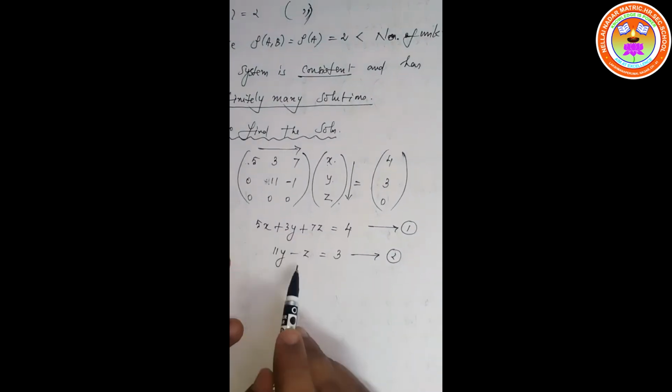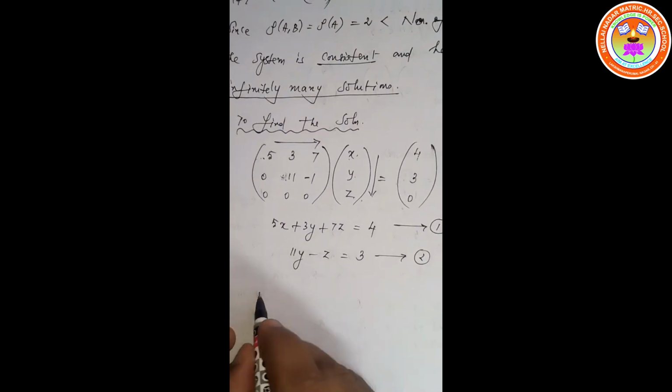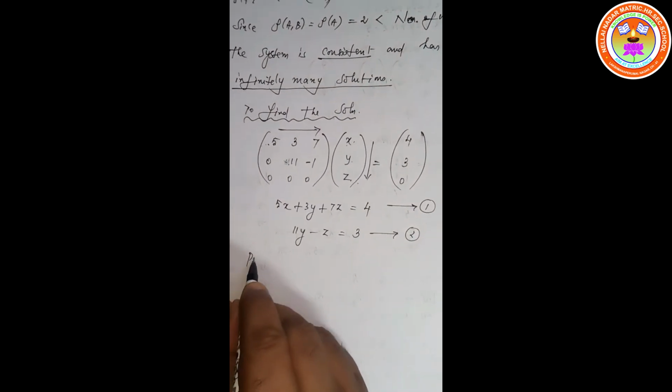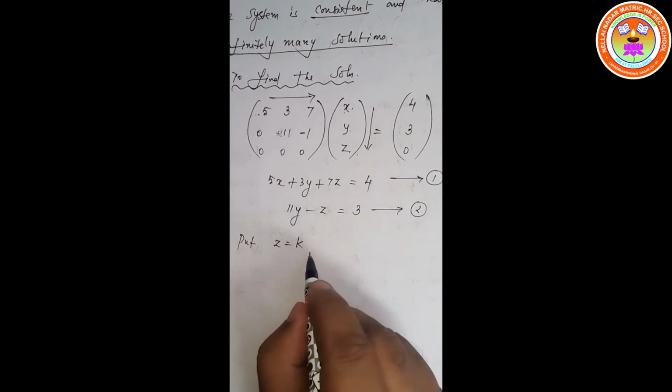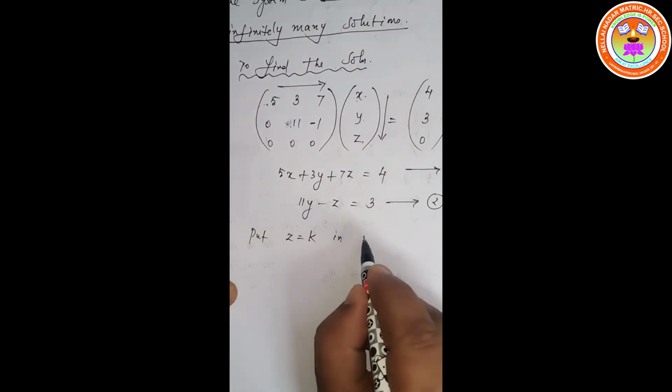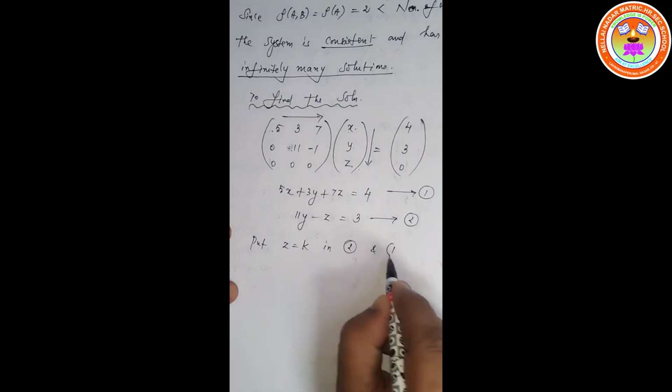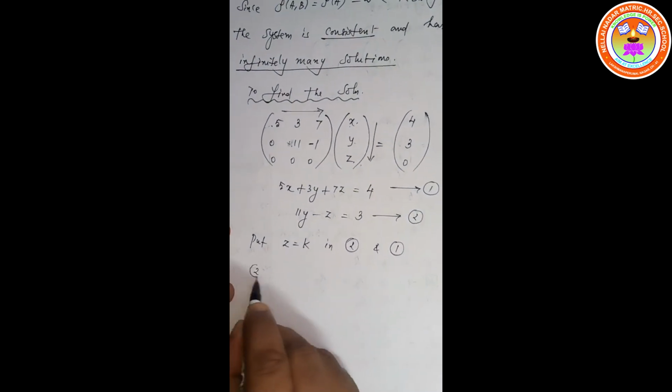Here we have 2 equations but 3 unknowns x, y, z. In that case what to do? Put z equals k. We are assuming that z equals k in equations number 2 and 1. First start with equation number 2.